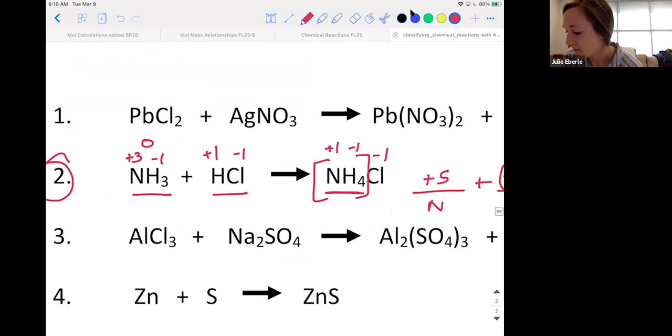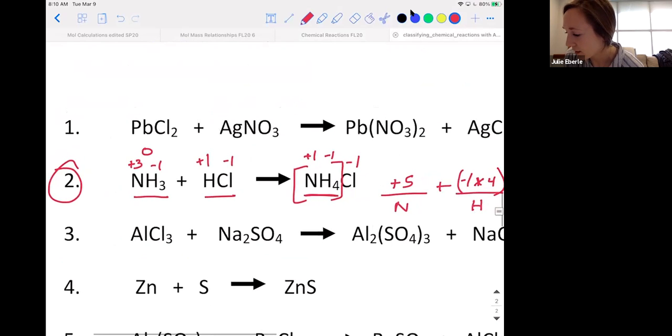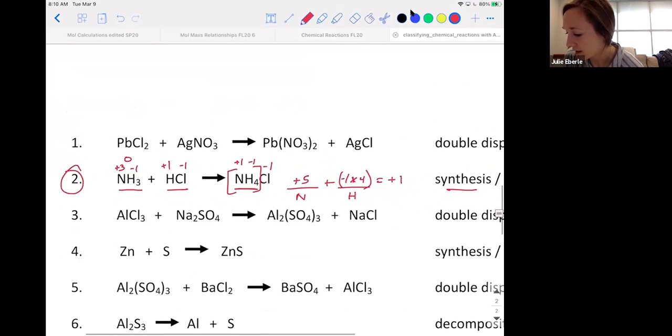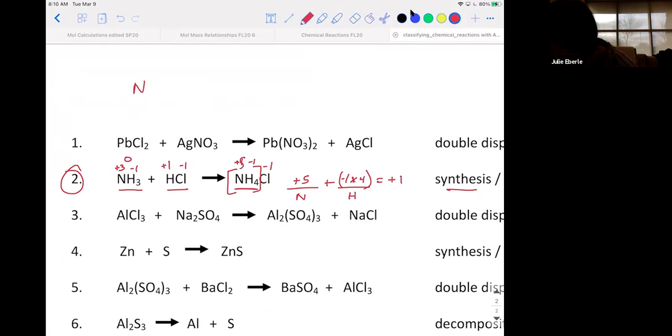All right. So this one's actually really, really hard. I'm probably not going to put one that hard on an exam. But you can see charges are changing. The nitrogen is going, I wrote +1, that should be a +5 right there. From a +3 to a +5.